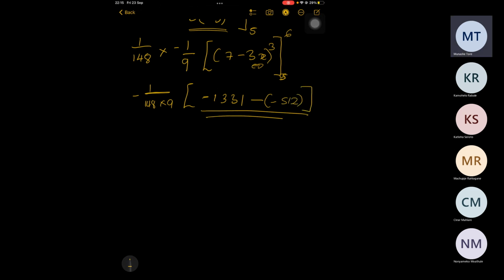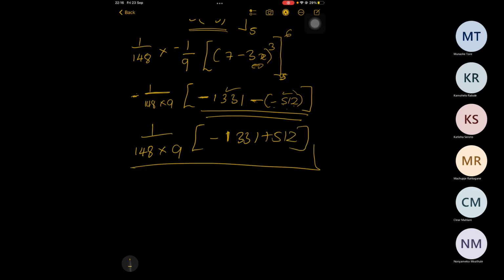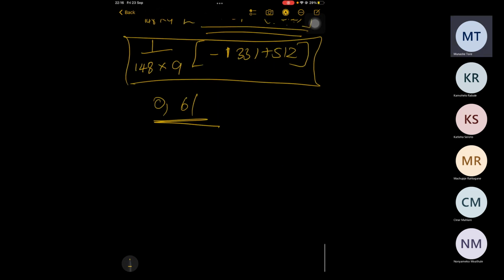So when you do this computation, obviously this value in the bracket is going to be negative, since negative minus negative is going to be plus, but this value is greater than this one, so you get a negative value. So negative times this negative will be positive. If you have a calculator on you right now, times 9 into negative 1331 plus 512, I got an answer of 0.61, which is similar to what's written in this document.